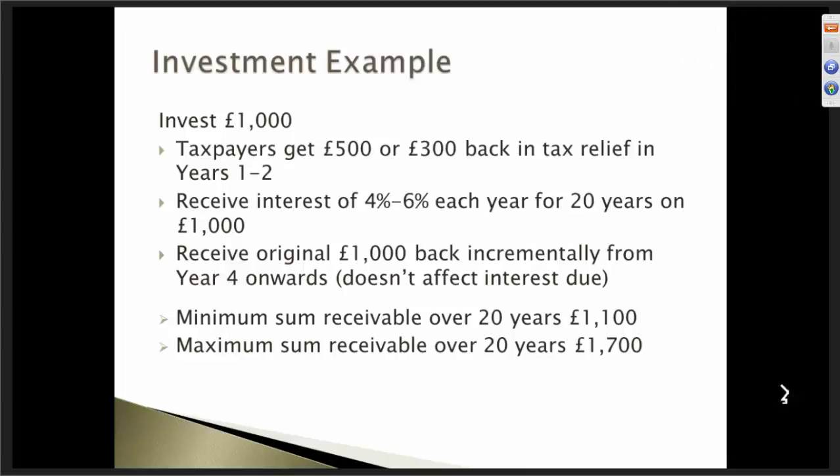Tax breaks are still very much available to most community shares projects. Now, there are exemptions. Primarily, you're looking at either social investment tax relief or enterprise investment scheme, both of which are at 30% return on the investor's investment.